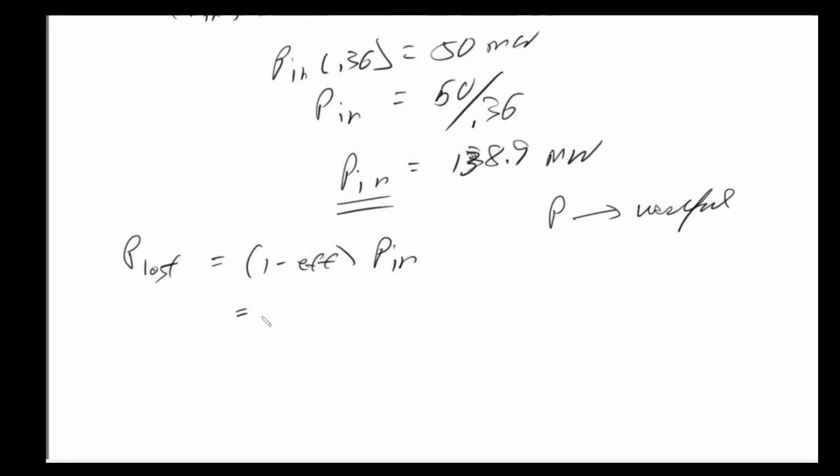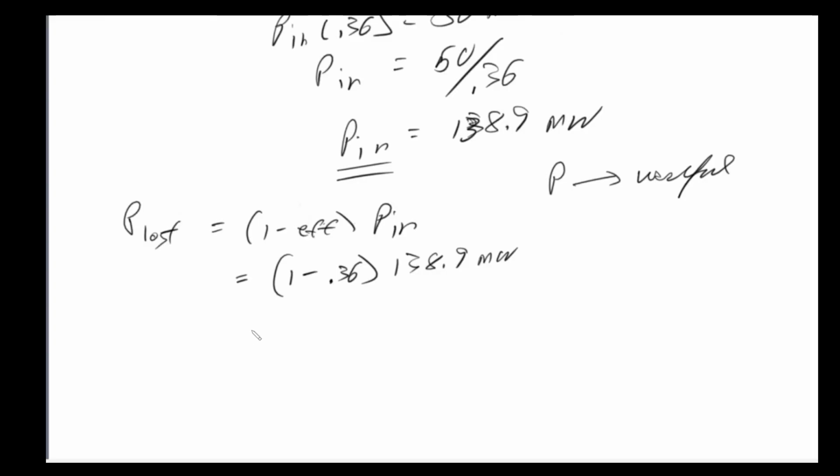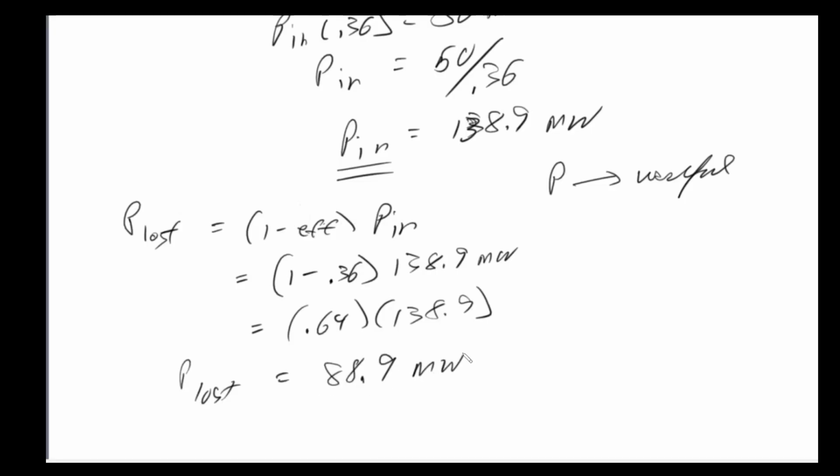So in this case, it's equal to 1 minus 0.36 times the power in, which we just found above, 138.9 megawatts. So that's equal to 0.64 times 138.9. So the power lost is equal to 88.9 megawatts.